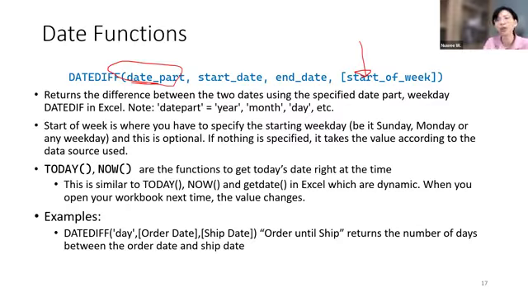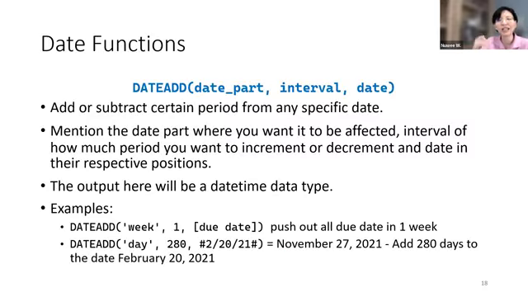Okay. Today and now are the functions to get today's current date, and it will update dynamically the next time you open your workbook. Okay, so last time we did this, right? Order until ship. Date add just adds date, or if the number of dates to add is minus, then it means we subtract date, right?